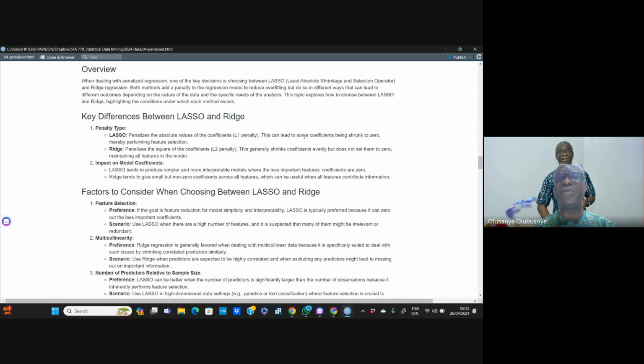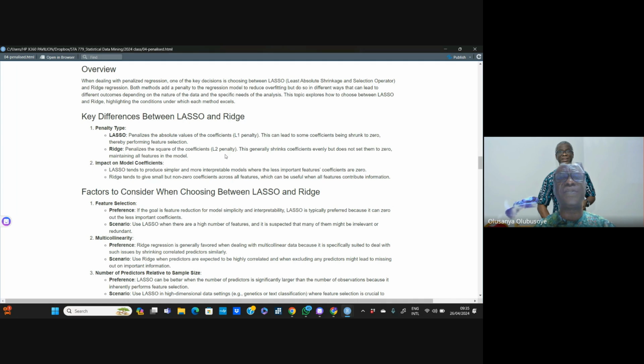But LASSO can lead to some coefficients being shrunk to 0. So some coefficients will be 0 completely. But in Ridge regression, they won't be 0, but they will be very close to 0.